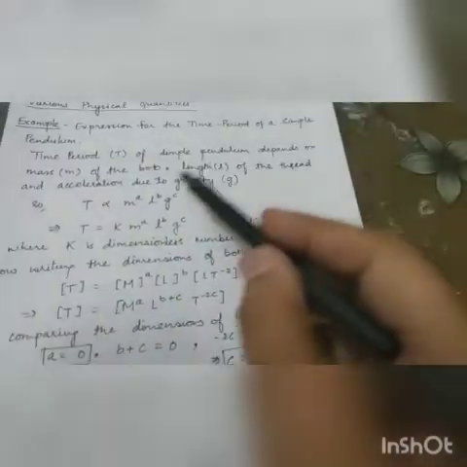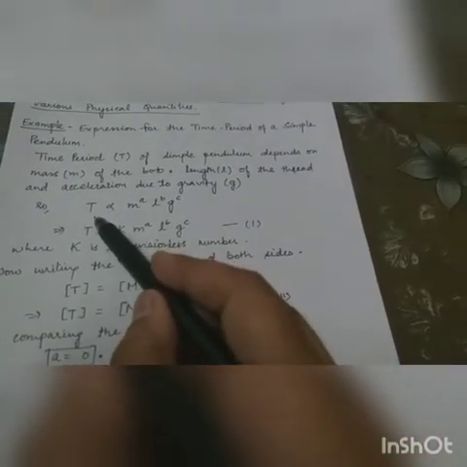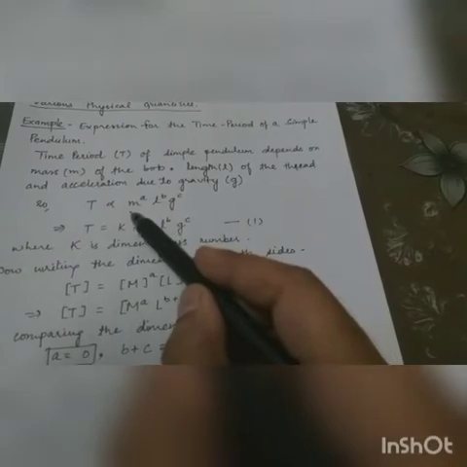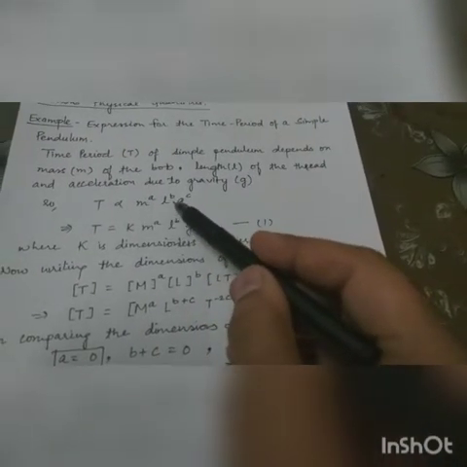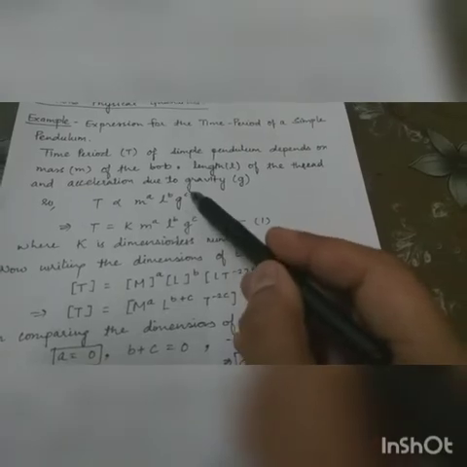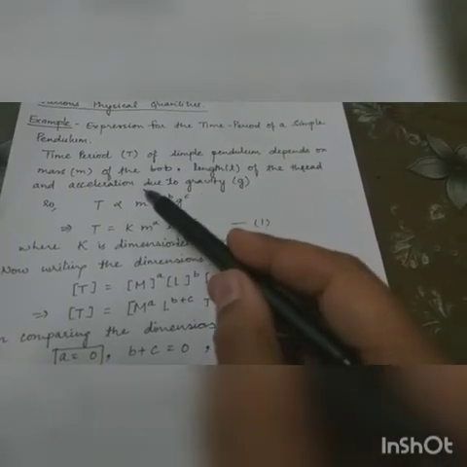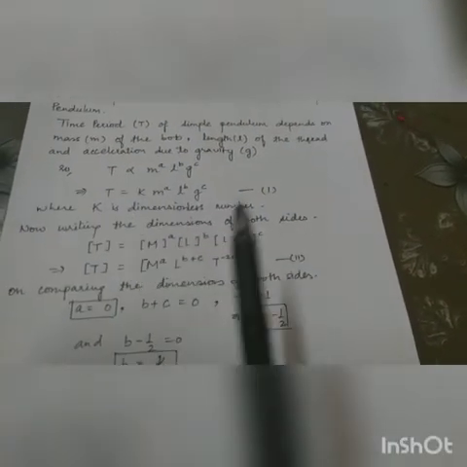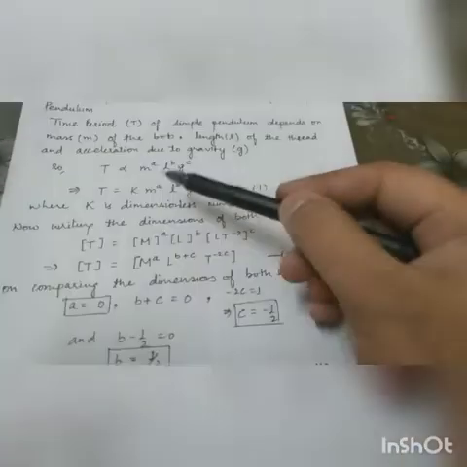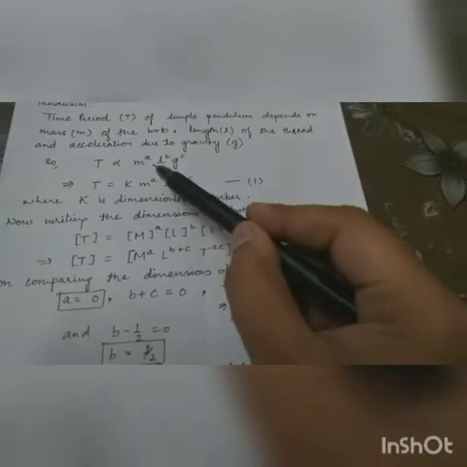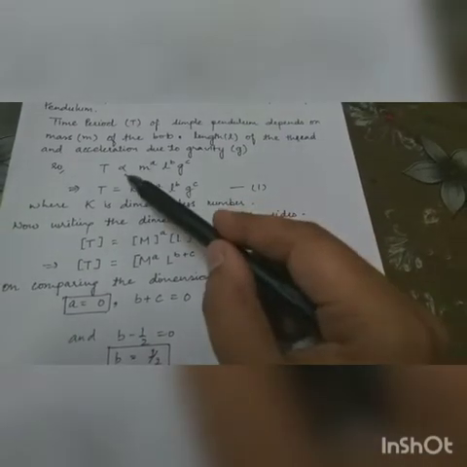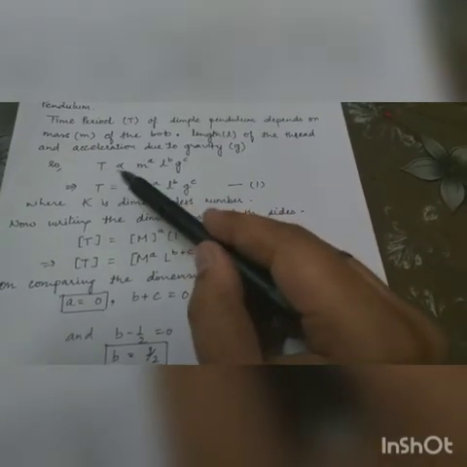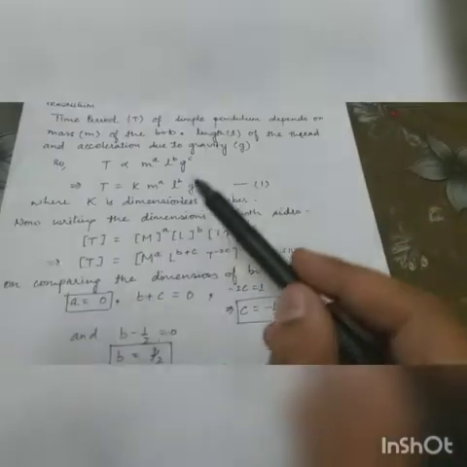According to this, I consider that the time period of a simple pendulum is directly proportional to m raised to power a, l raised to power b, and g raised to power c. These three powers I considered. If I am able to determine the values of a, b, and c, then we will derive the relation among t, m, l, and g.